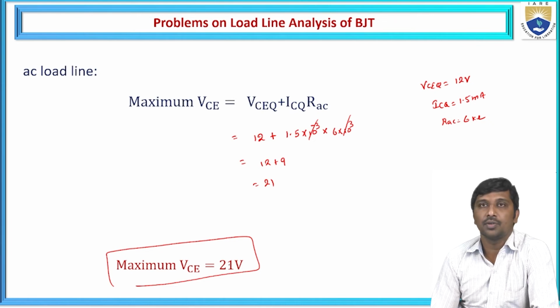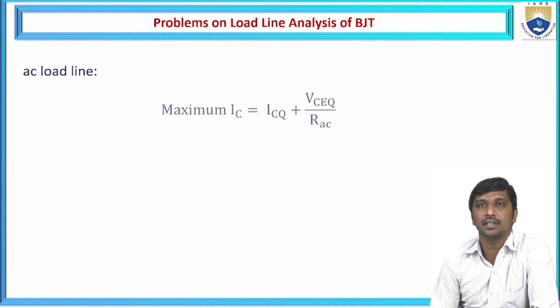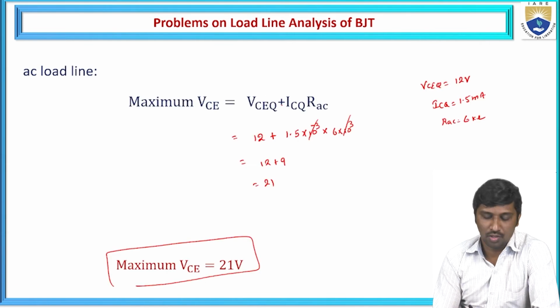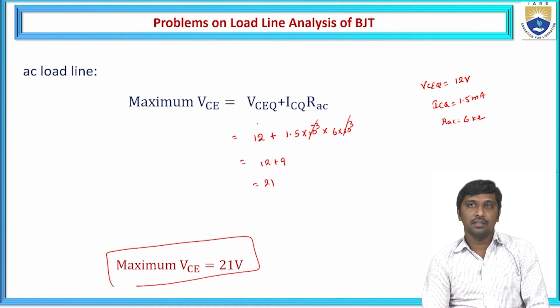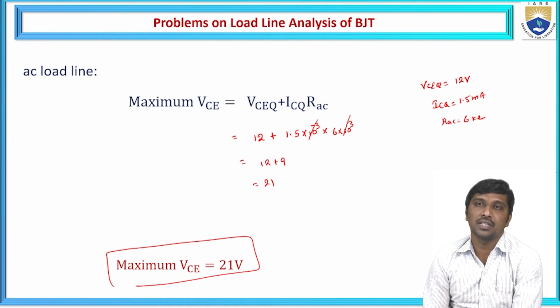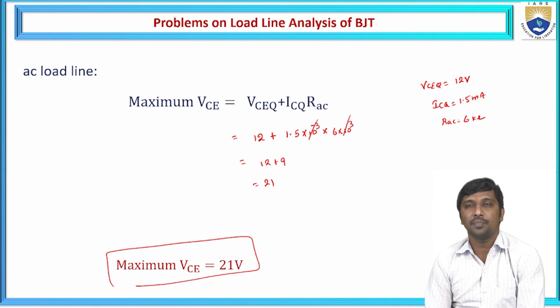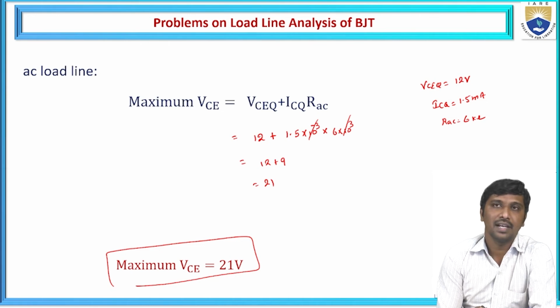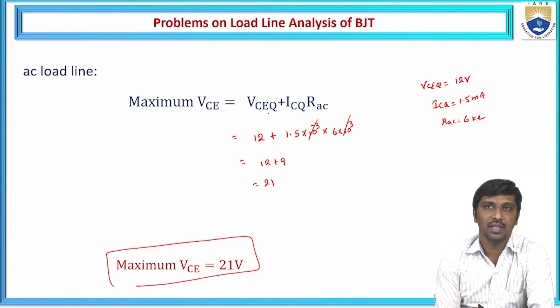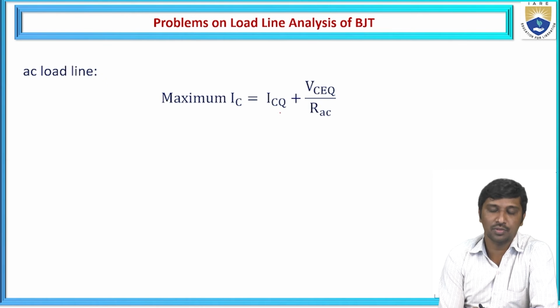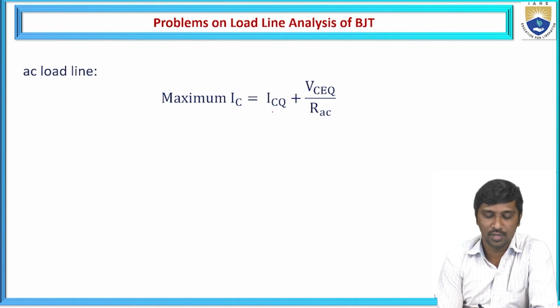Similarly, we need to calculate the maximum collector current. When you are drawing the AC signal, the AC signal is superimposed on the DC signal. Hence, the AC signal is also passing through the optimum operating point. That is the reason that while calculating the VCE, we take the optimum operating point along with the AC voltage, meaning V is equal to I into R. Similarly, for calculating the maximum collector current, it is also passing through the operating point, represented as ICQ.